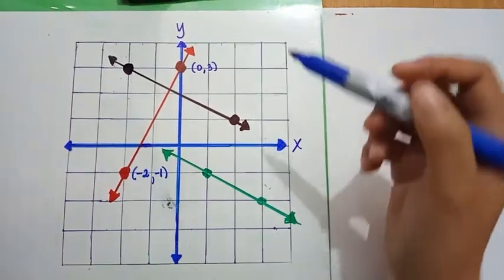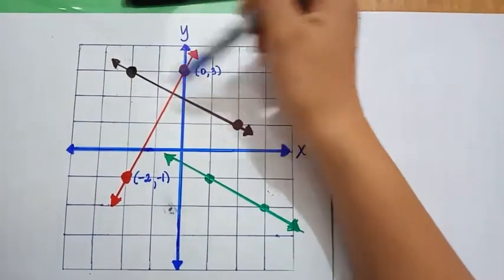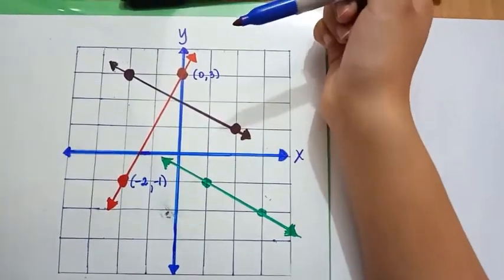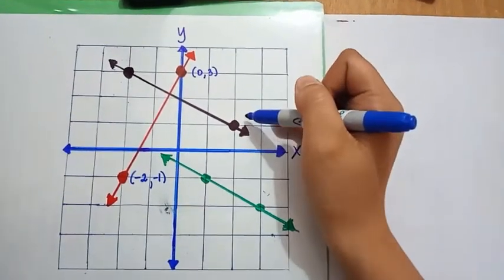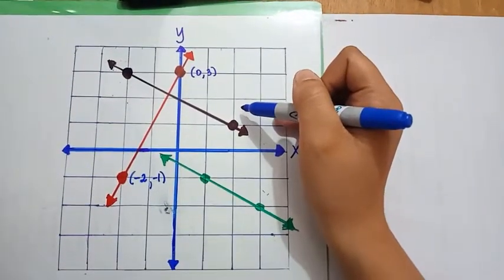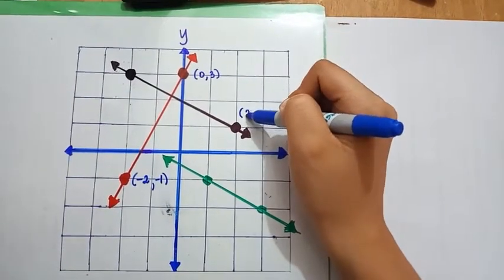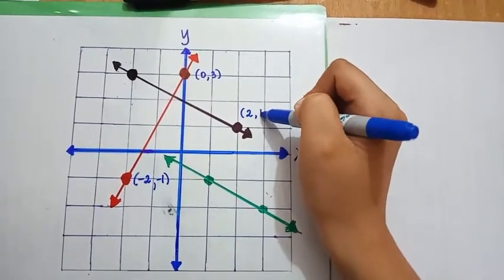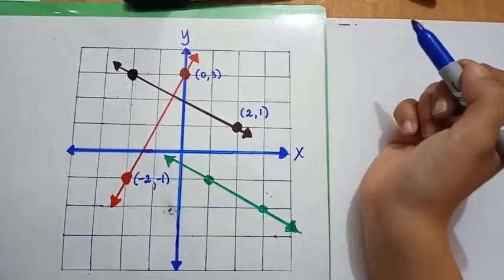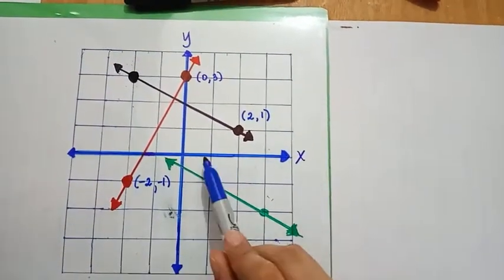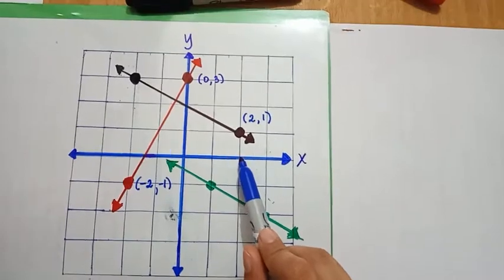How about itong nasa black na line natin? Let us give the coordinate of this point. So, kung ang sagot ninyo ay 2, 1, then you're correct. No? Sa x-axis, naroon siya sa posisyon ng positive 2.